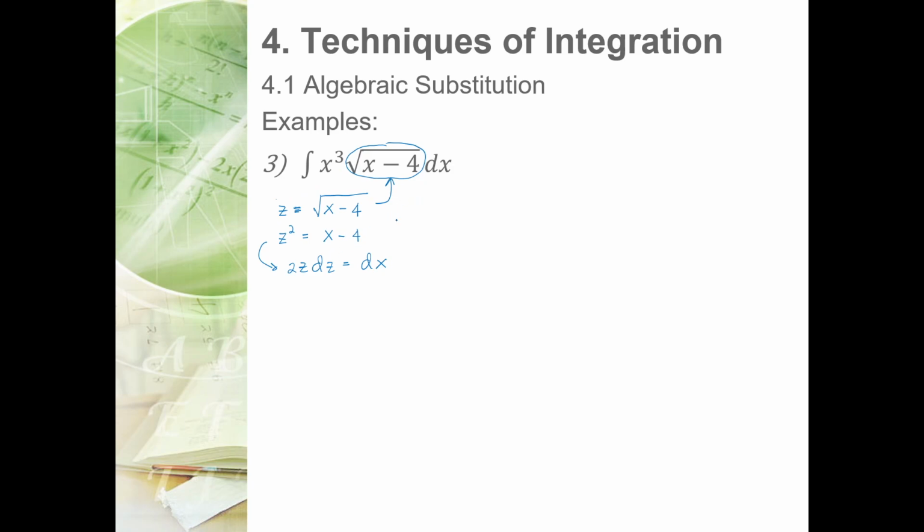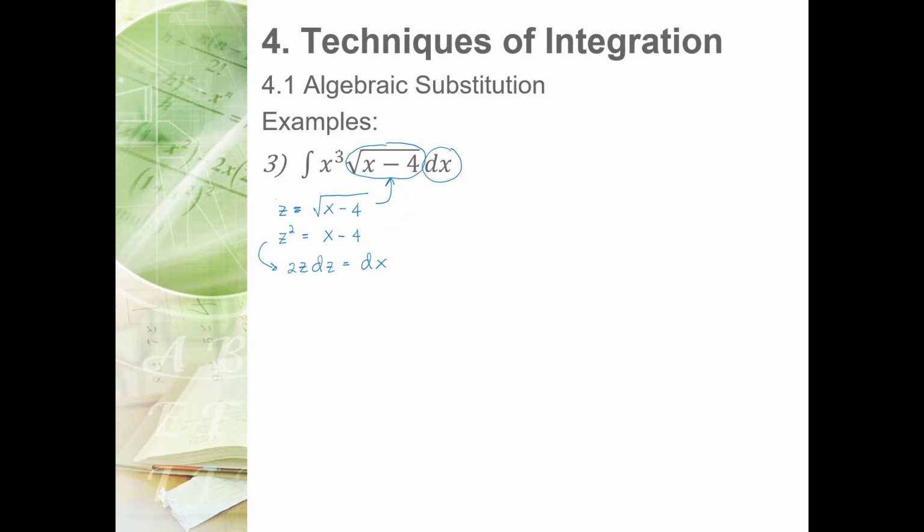So your dx can be represented by 2z dz. Right? So 2z dz. Let's try to simplify terms first.